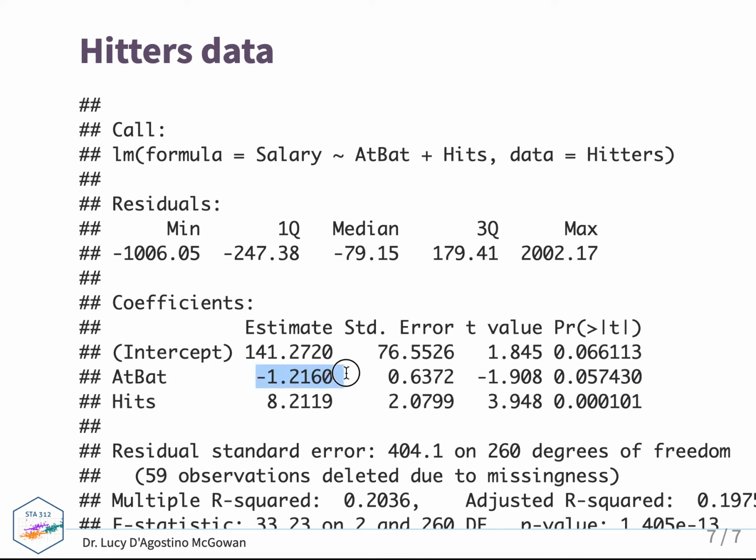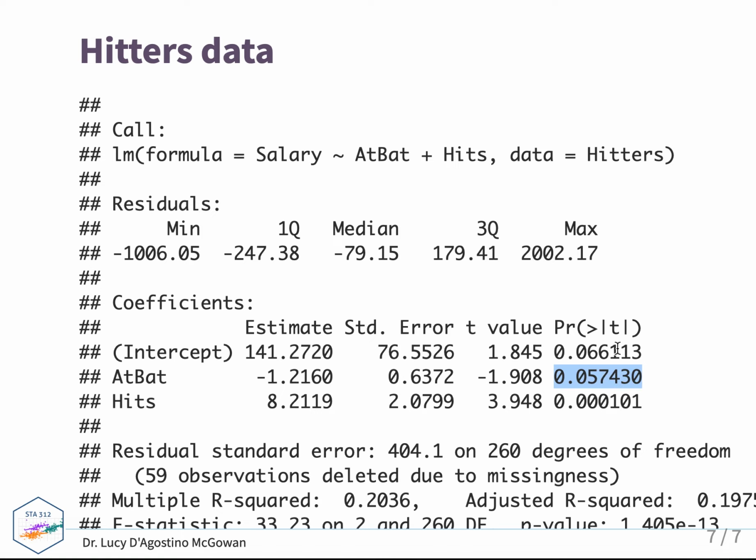Now for this at-bat variable, we can do the same thing. We can compare this negative 1.908 to the t-distribution under the null. We're testing the null hypothesis that the beta coefficient for at-bat, beta 1, is equal to 0, and the probability that we would see a statistic as extreme or more extreme than negative 1.908, given that null hypothesis is true, is 0.05743.